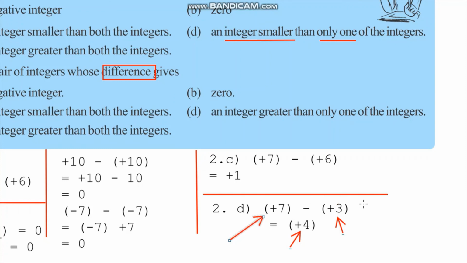So you can imagine taking the 7 and splitting it in such a way that one of the sides is bigger than the other. Here you have split it into 4 and 3. And you are subtracting 3 from 7. So you will definitely get 4 where it is greater than only 3, but it is not greater than 7.